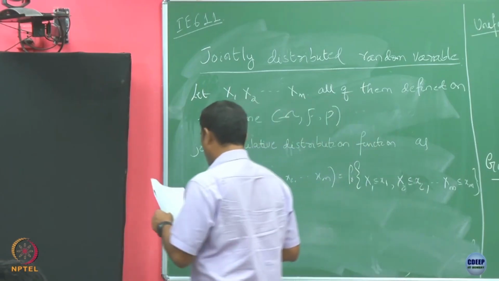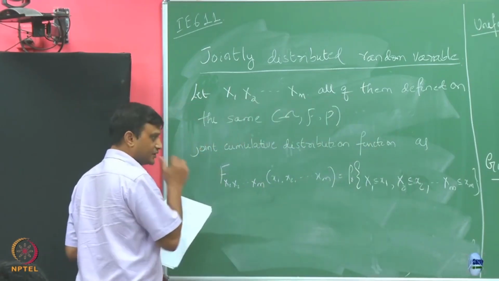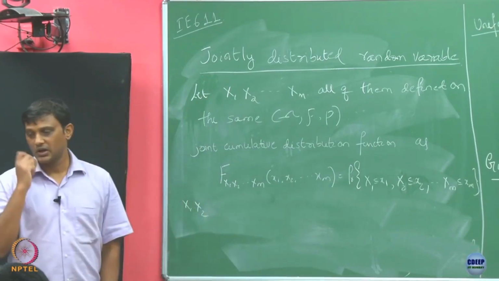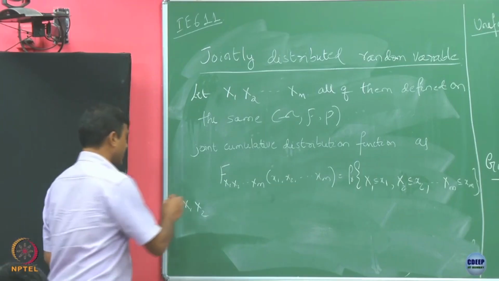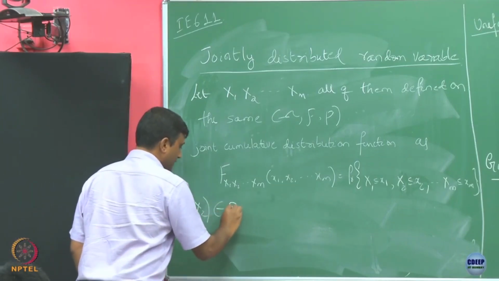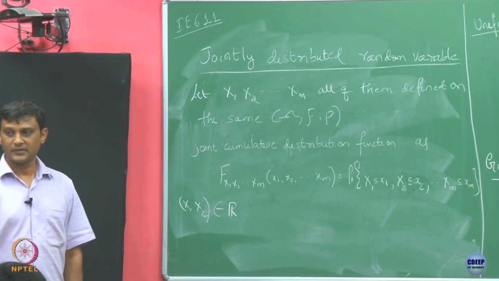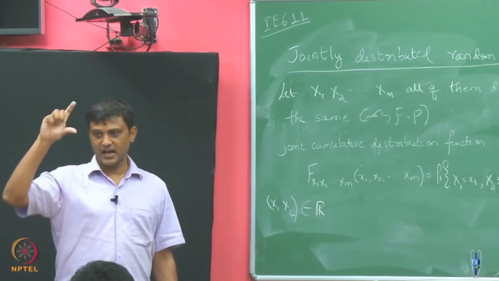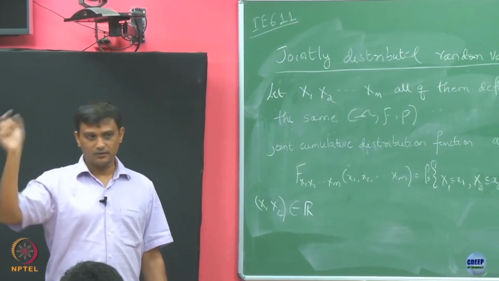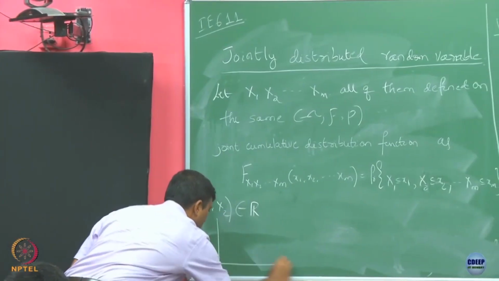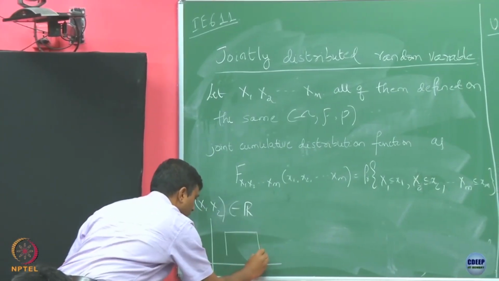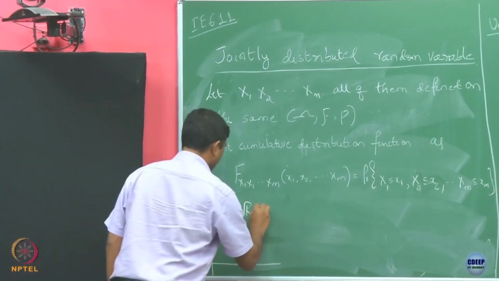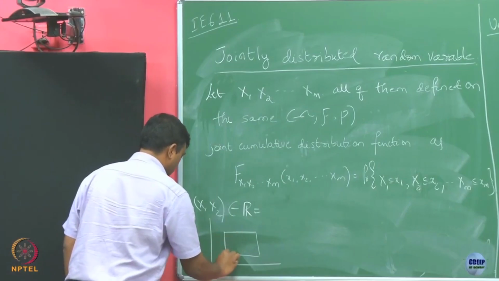Just to visualize this, suppose I have a simple case of two random variables, let us say x1 and x2, and I want to ask what is the probability that these values take values in some region R. In a two dimensional space, that region R could simply be a rectangle. I am not including this boundary here.